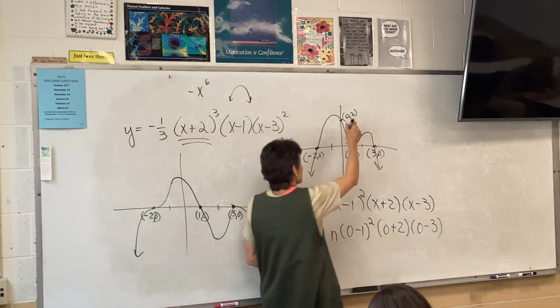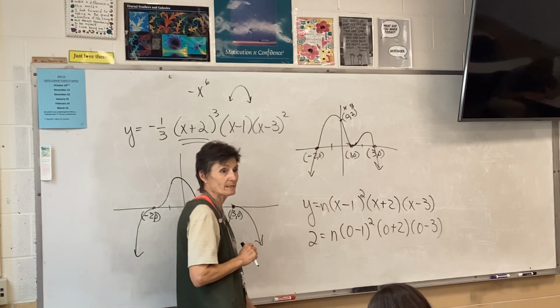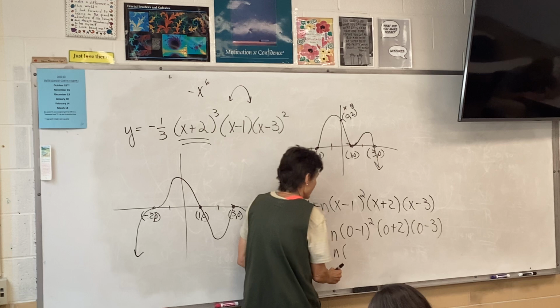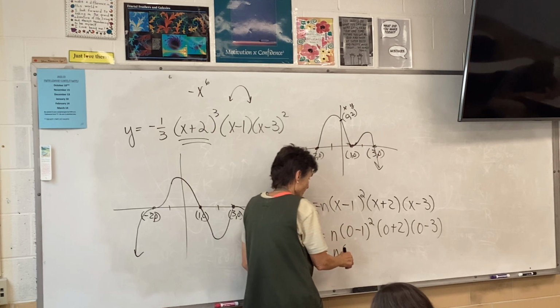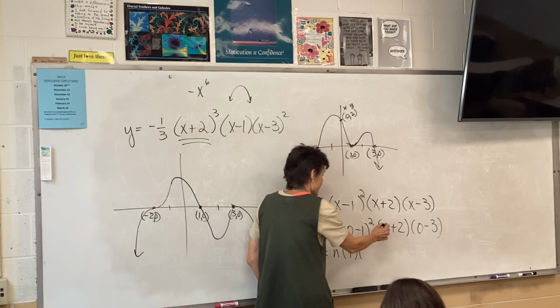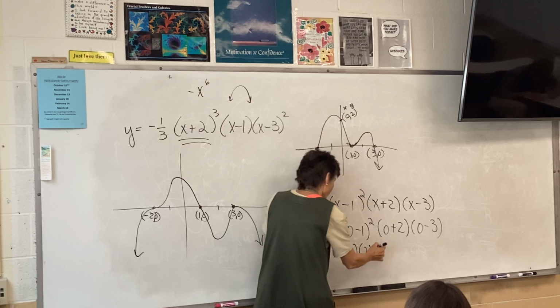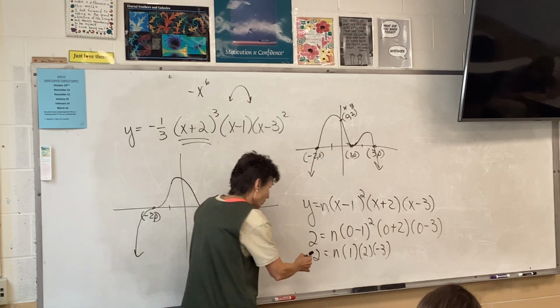So x is 0 and y is 2 for my contains point. So 2 equals n times (0 plus 2) squared, which is 4, and 0 minus 3. This is a multiply.